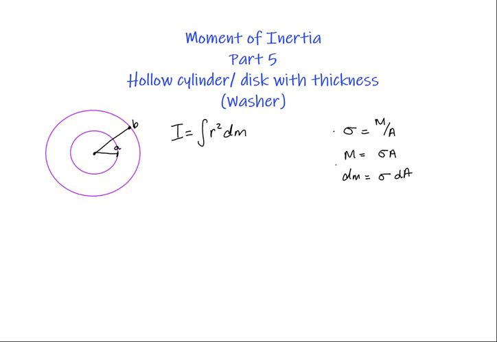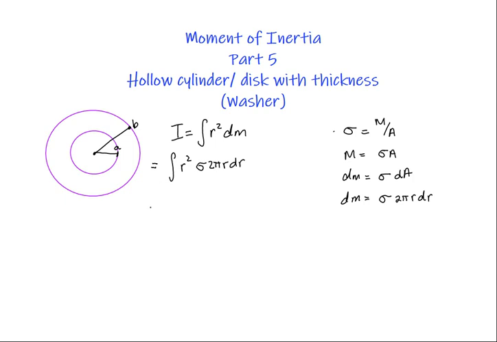And just as we did with the disk derivation, if you didn't watch that, you can go back and check, I explained that a little bit more, that this becomes sigma 2 pi r dr. Now we can substitute that back in here.